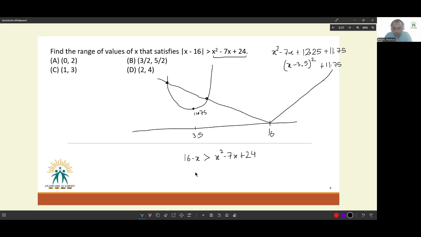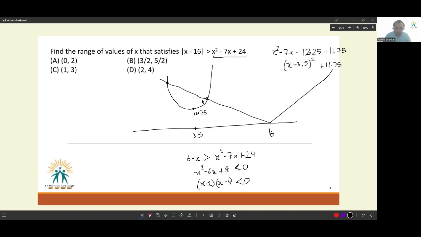I bring it over to this side, x square minus 6x plus 8 is less than 0. Or from here, I'll get x minus 2 and x minus 4 has to be less than 0.